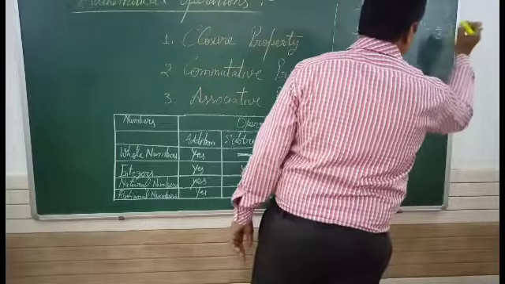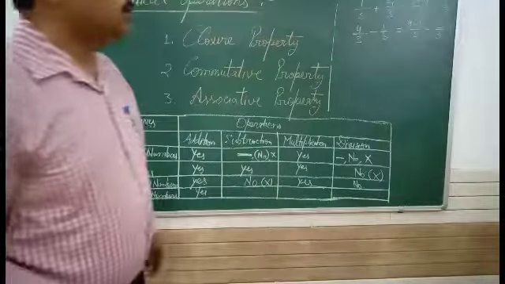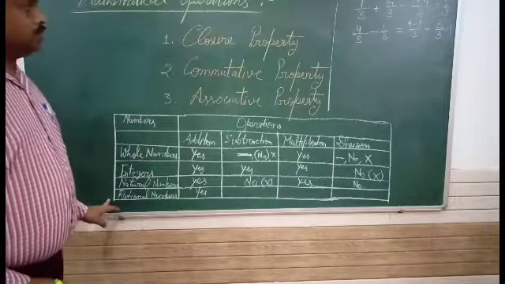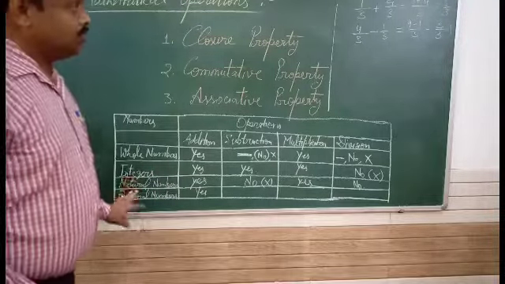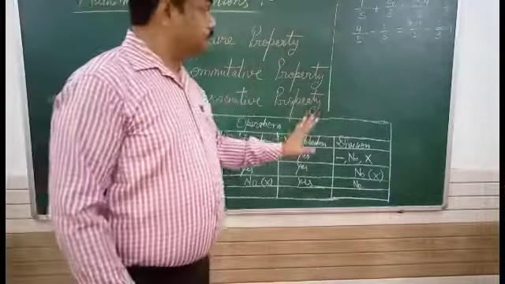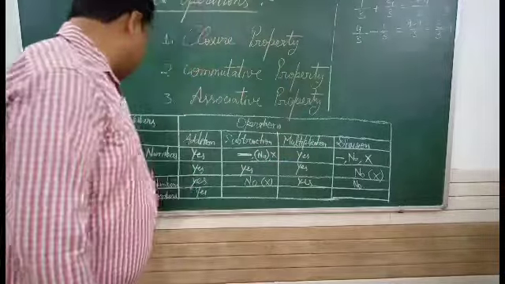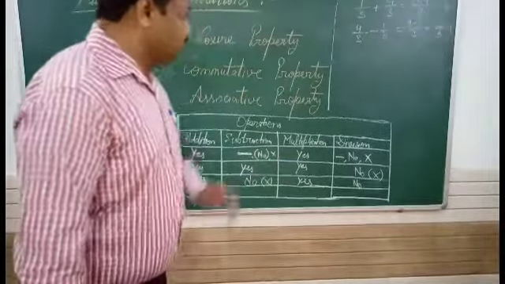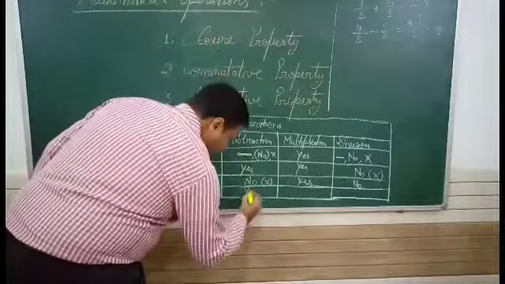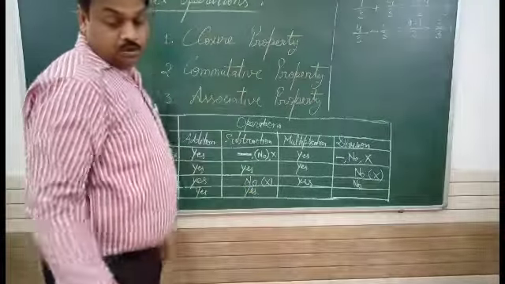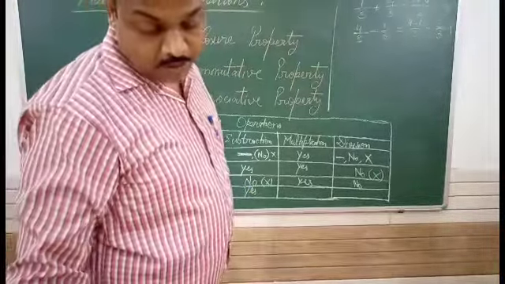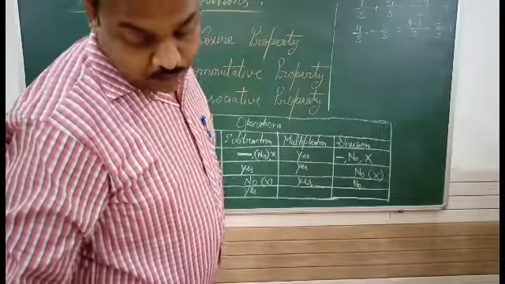Then the final answer is 1. 1 is also a rational number. So when we do the subtraction, all the rational numbers will be closed. Here we will put yes, rational numbers are closed under subtraction.